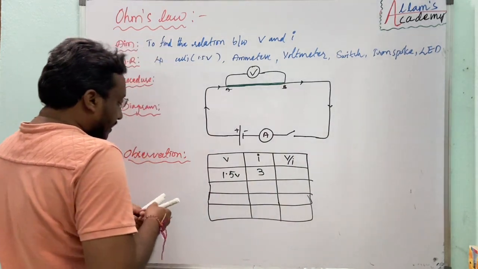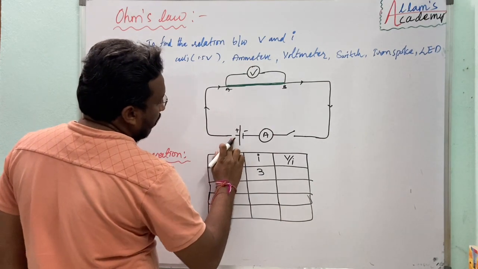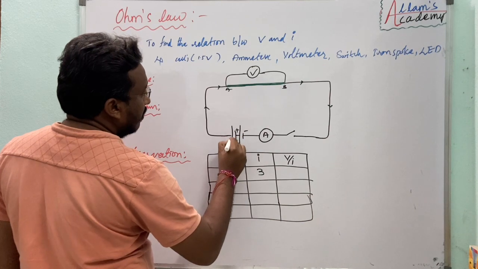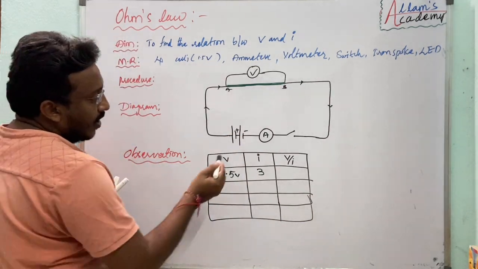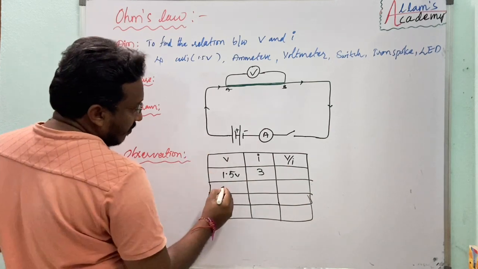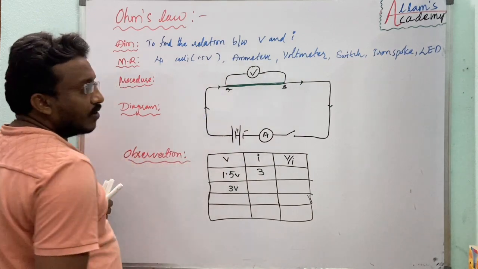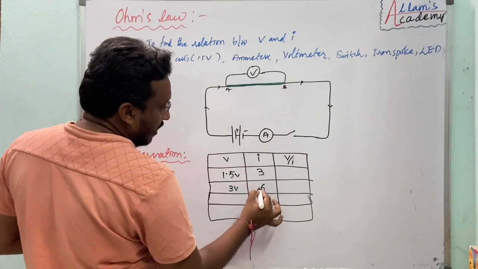Next, I have connected one more cell. Now it becomes 3. Why? Because each cell contains 1.5 volts. And the current we get is 6.